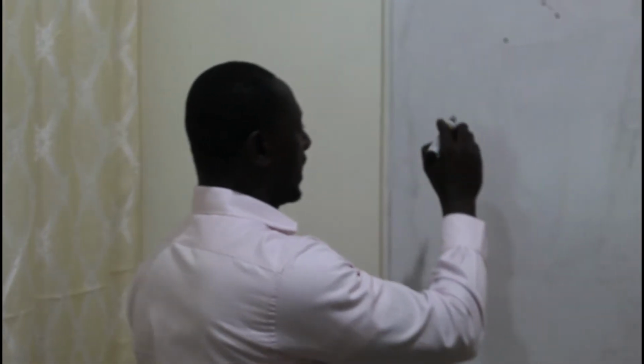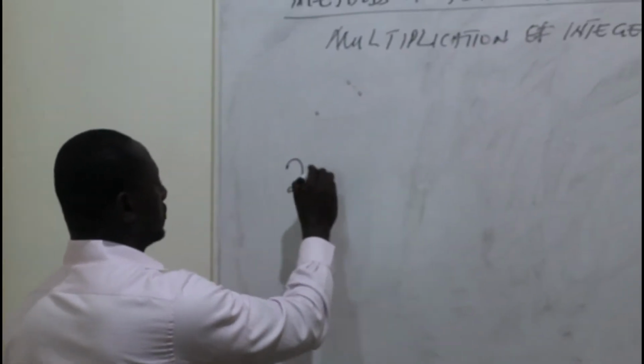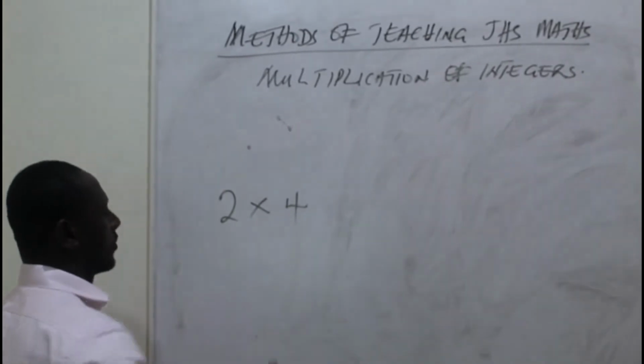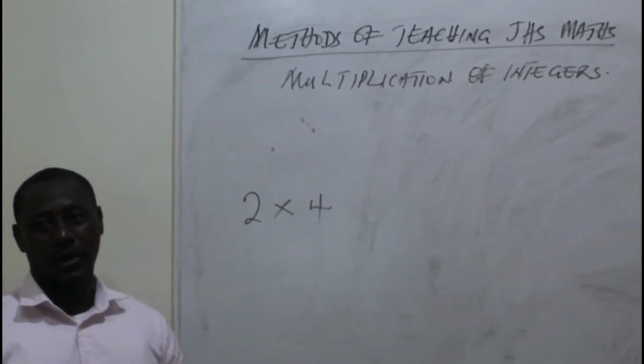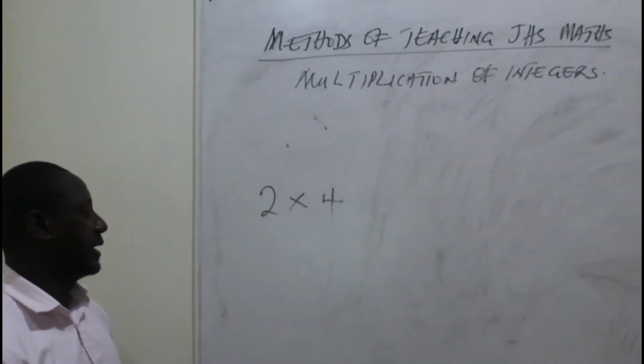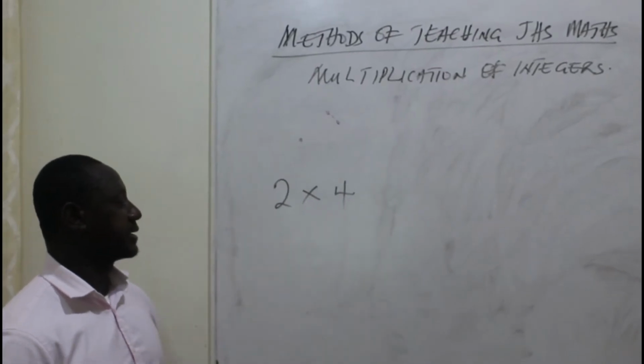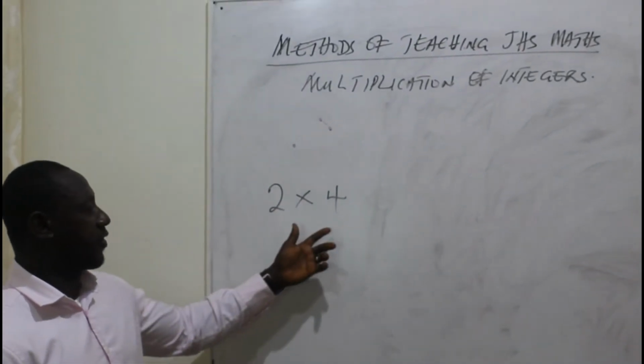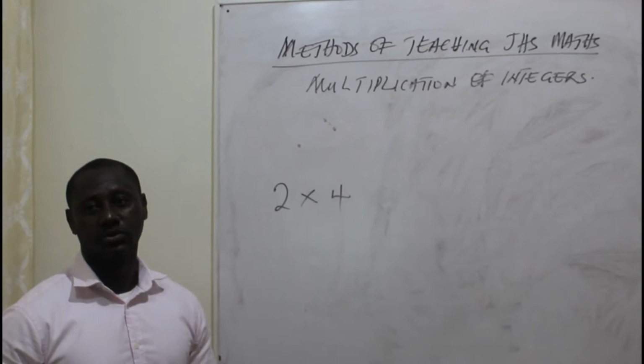Okay, so for the multiplication, let's look at this. If I have 2 multiplying 4, one can say that this can also be termed as 4 groups of 2.